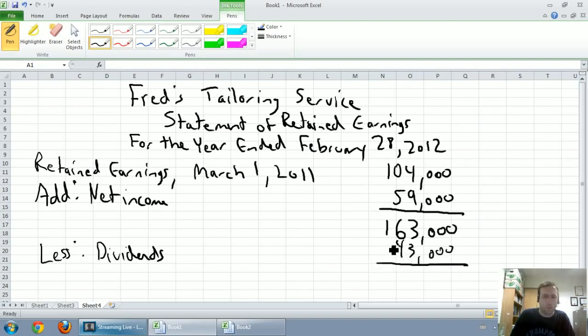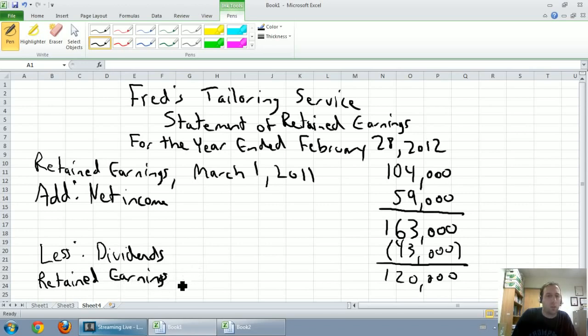And so our total here, 163 minus 43, I'll put that in brackets as a negative. 163 minus 43 is $120,000. This is our retained earnings at the end of the year, or our retained earnings on the fiscal year end date, which was February 28th, 2011.